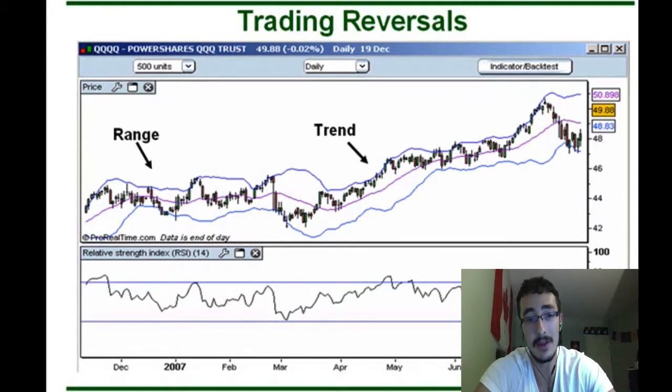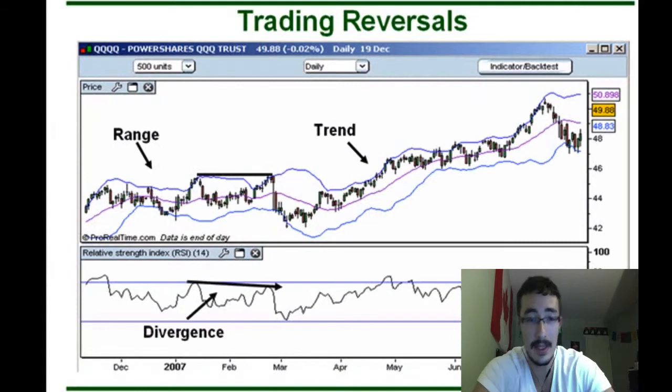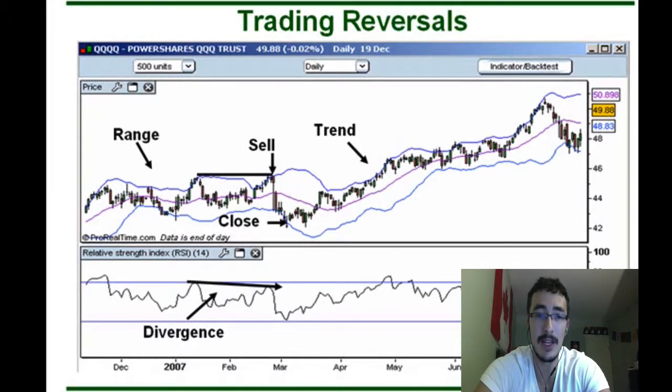You can see down below, which I'll make another video on, a divergence here as price moves up to a new high, but RSI does not confirm. That would be your sell point, and the close would be when the market pulls back off the lower band, because in range-bound markets we anticipate that a move that starts at one extreme, the high band, is going to move all the way through to the low extreme, which is the low band.